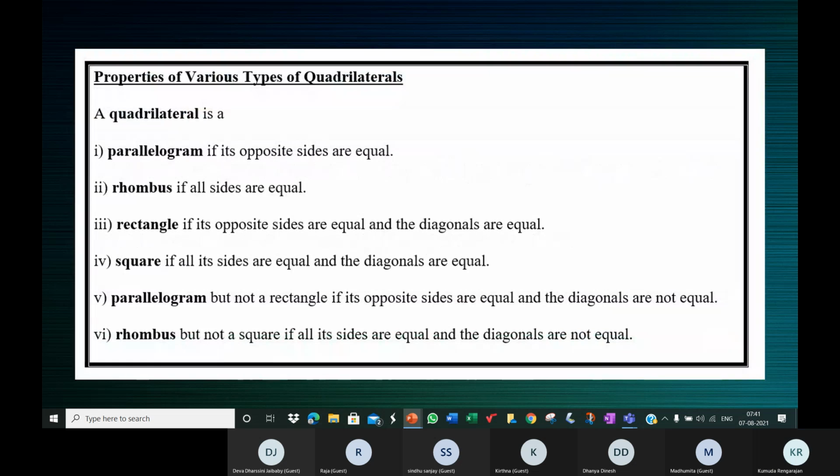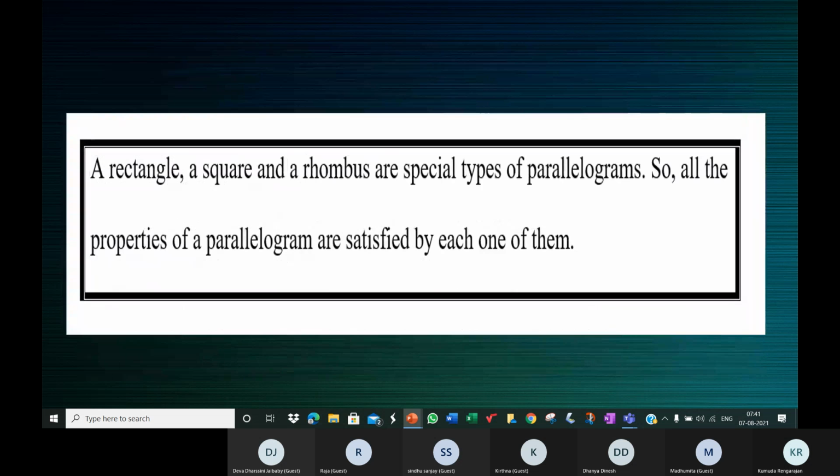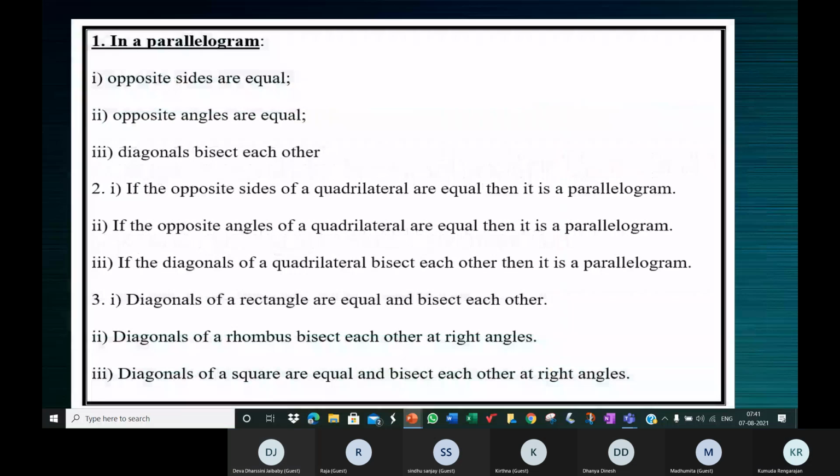Children? Take a picture of this. Taken, ma'am. Yes, all this is for you. Take a screenshot.